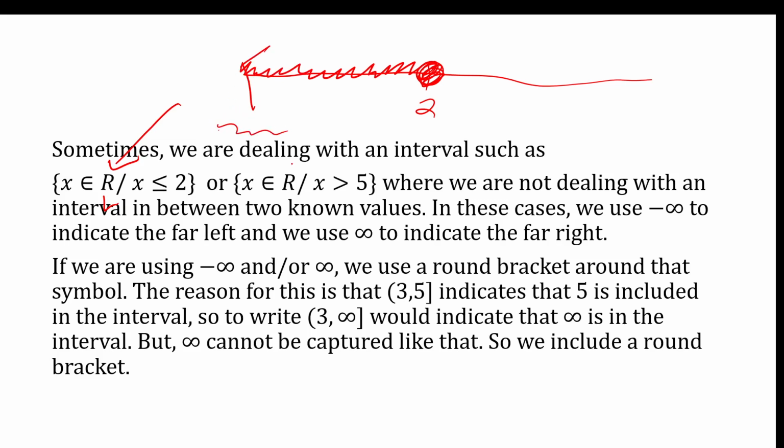Over here, what could you possibly write to indicate you're starting the interval? And the answer is, to the far left, you can put a negative infinity. So you could say in interval notation that this interval would be negative infinity to the far left, positive 2 to the far right, with a square bracket.